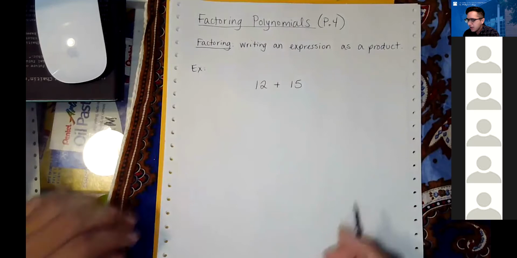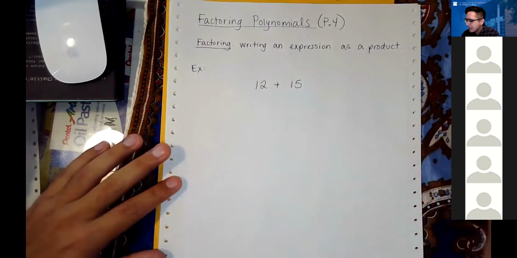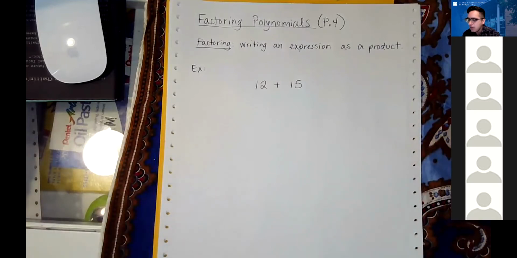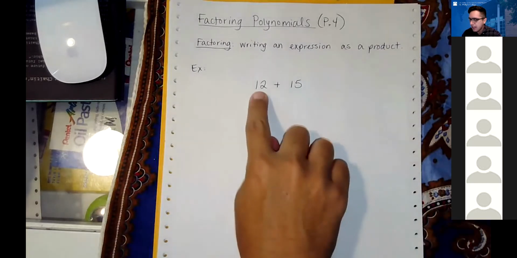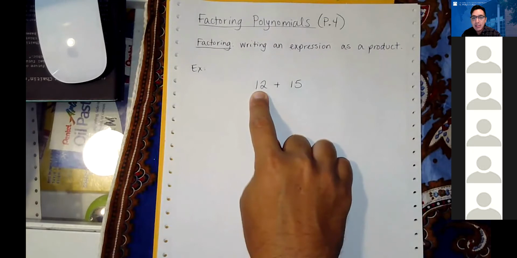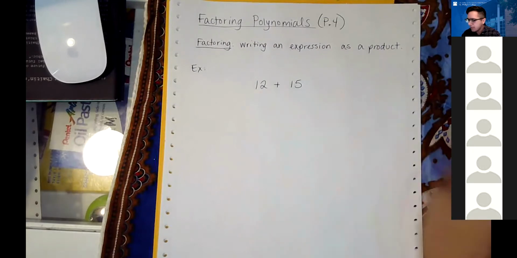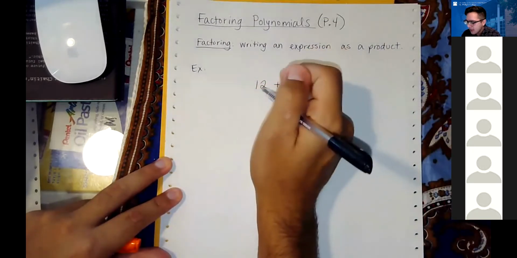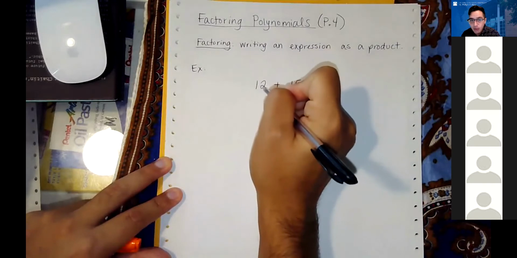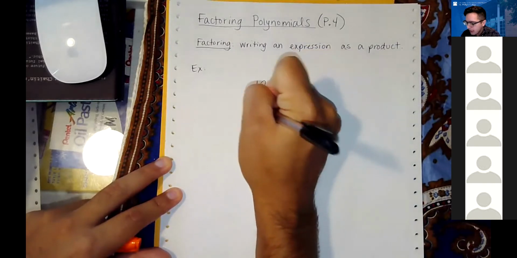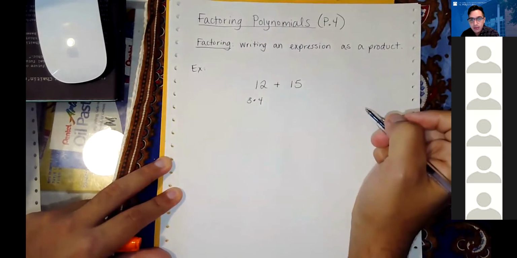Well, what we might do there is say, okay, if I look at 12 and 15, they are related in some sense, because I could look at the factors that multiply to make 12. In this case, you might say that this is 3 times 4. So we might write that as 3 times 4 here, just as a note to ourselves.